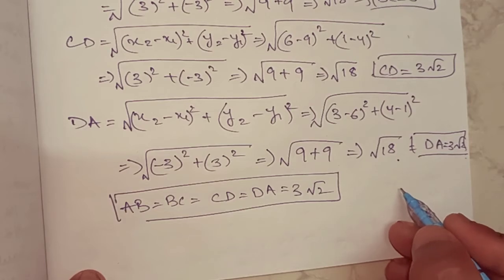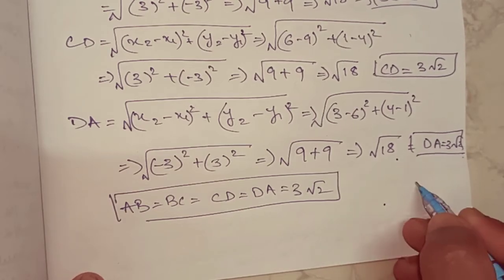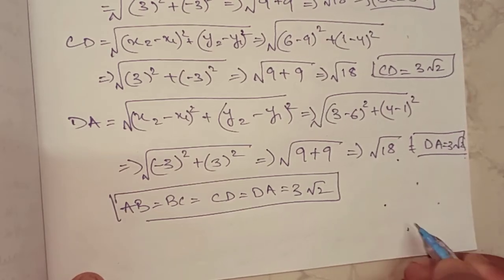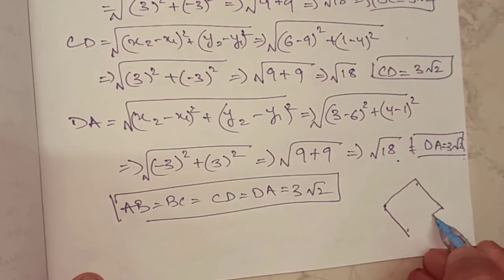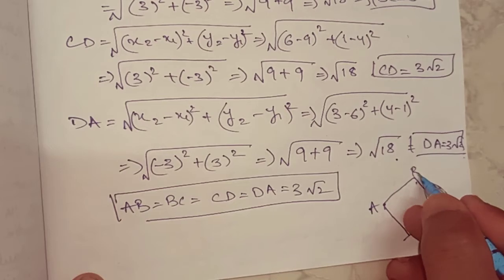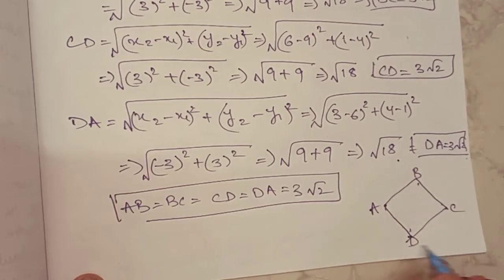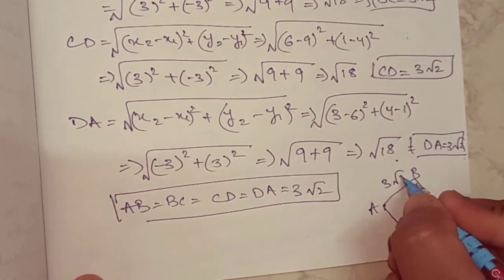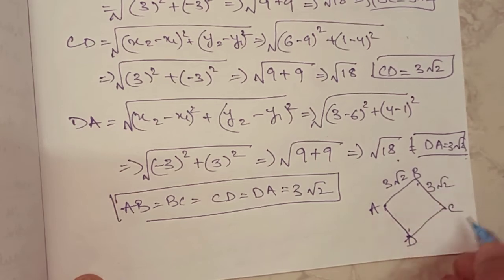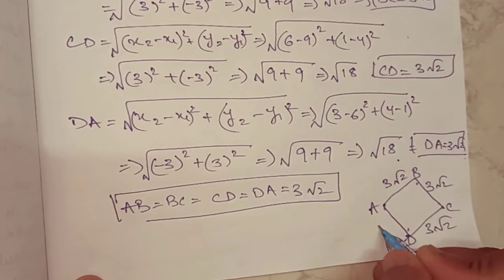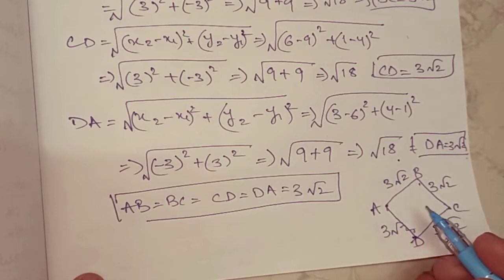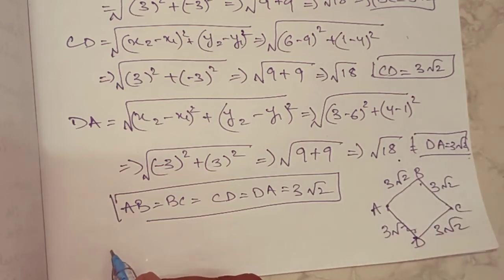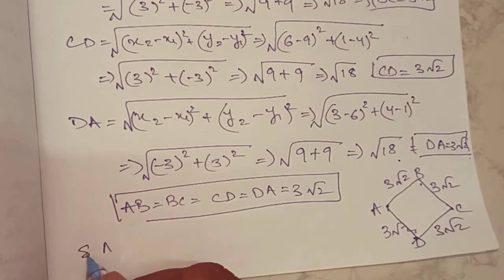So if these are the four points and we join them, A, B, C, D, and all the distances are 3 root 2, that means yes, Champa was right, the four friends are sitting in a square figure. So ABCD is a square.